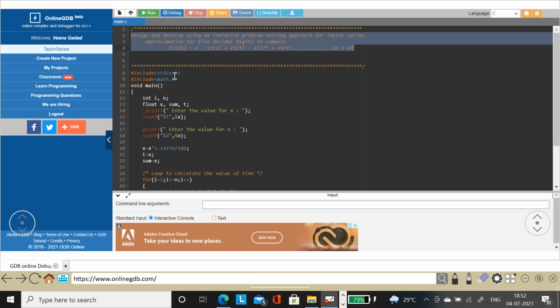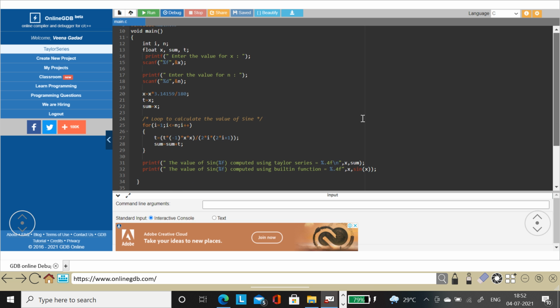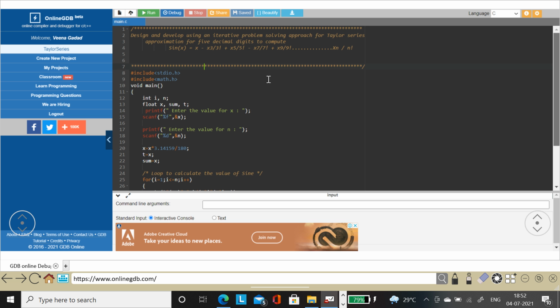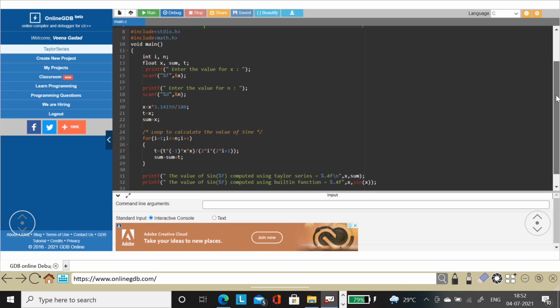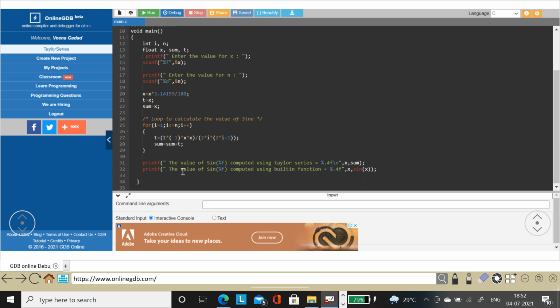Observe here, it is the same thing, written in terms of syntax. For comparison purposes, I have also included the sin x function, which is defined in the math.h header file.